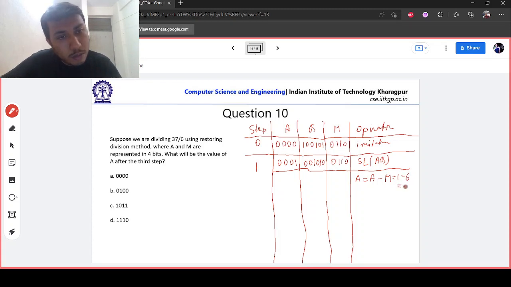So that will be minus 5. So how to represent minus 5? Minus 5 will be represented as 1 0 1 1, in 2's complement form. Q will remain the same, and M will remain the same.